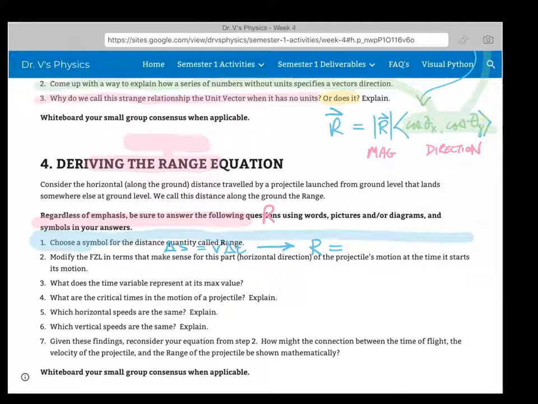Positions have components. Do speeds have components? How is the speed of a projectile? Just think of a ball being kicked, soccer ball, football. Does it have a speed in the x direction? Does it have a speed in the y direction? How is its speed in the y direction changing?